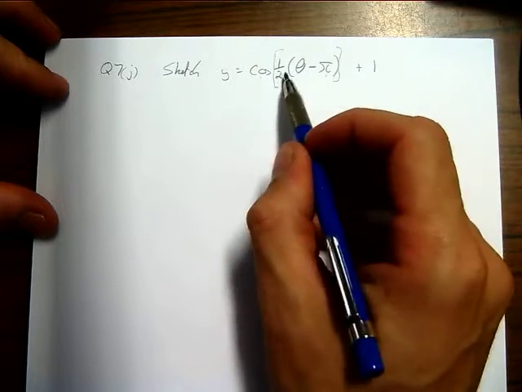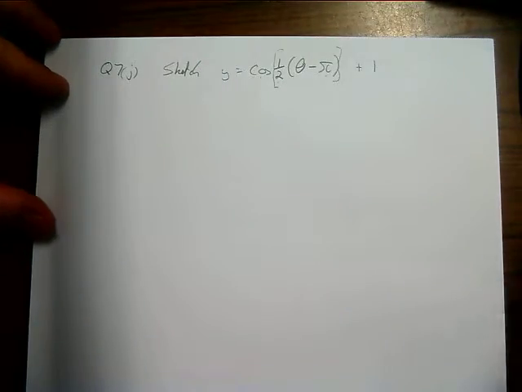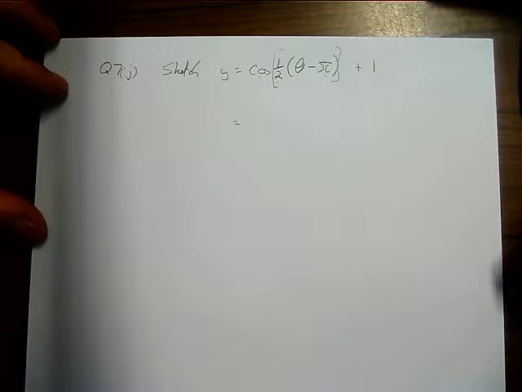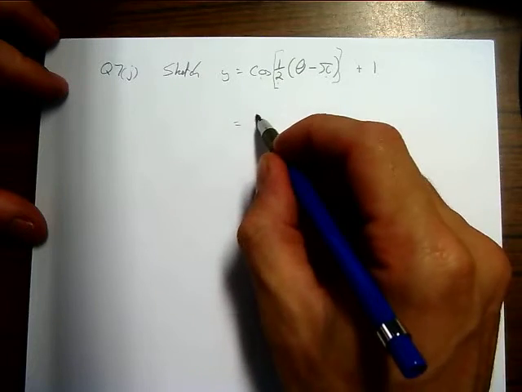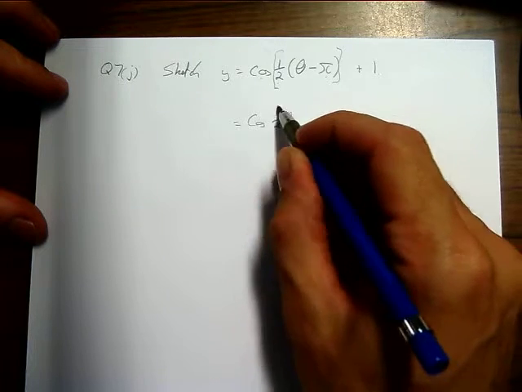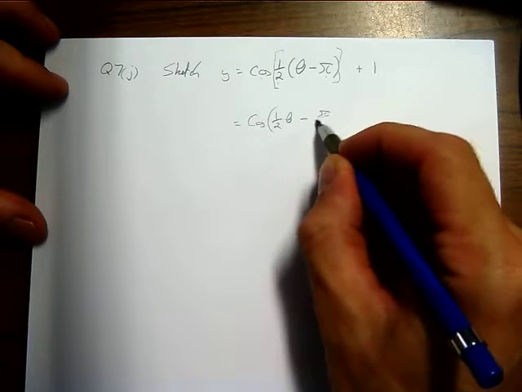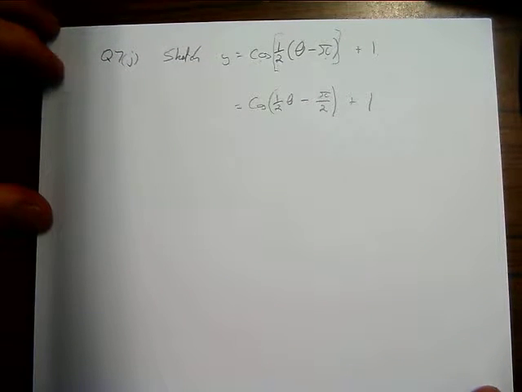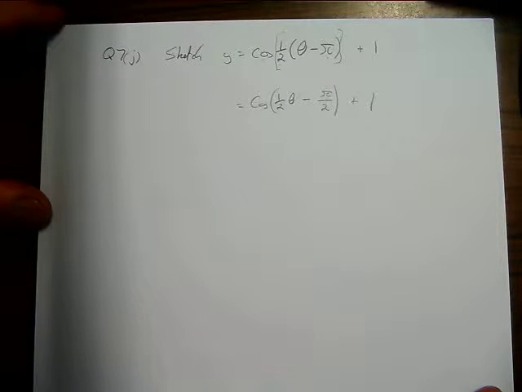So what do I need to do? I really just need to expand it. That'll make it simple and it'll fit in with everything else I've had before. So I have cos of a half theta minus pi on 2 plus 1.